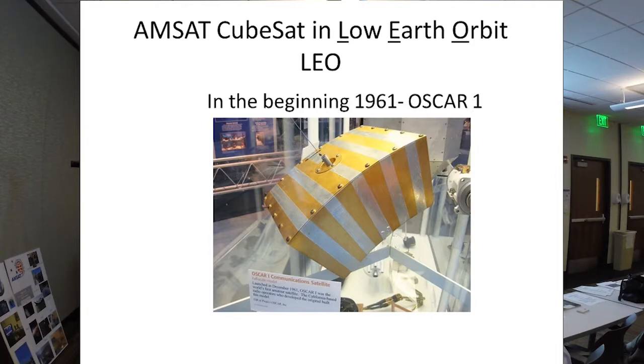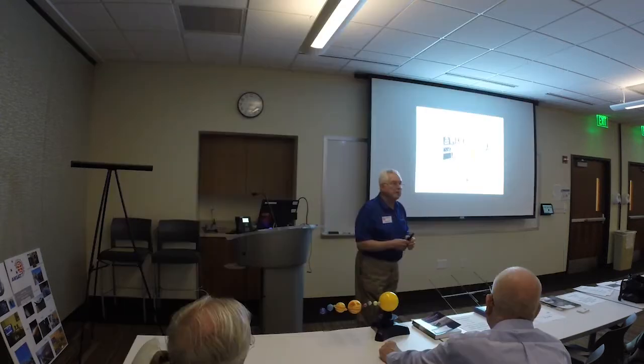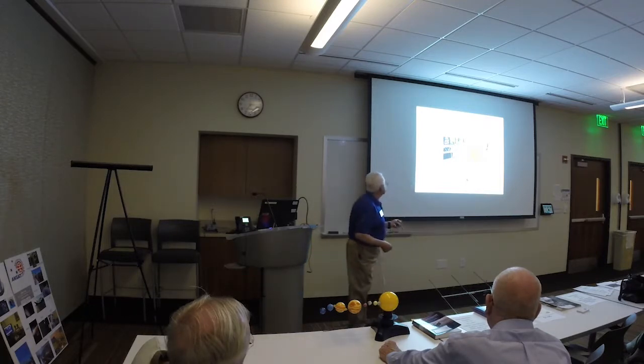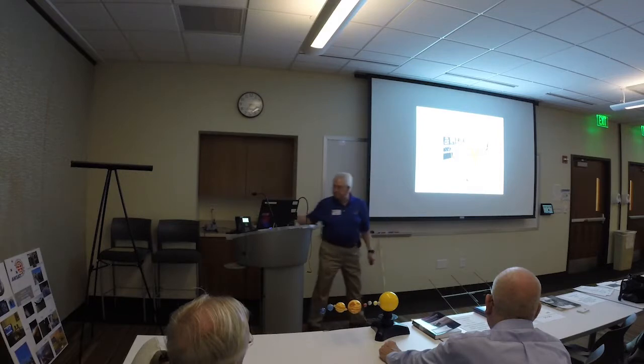Let's go ahead and put it into a small container and let's get a launch. In this case, it was launched as a ride from another rocket which was delivering a larger satellite. So it was put out into space and operated for approximately 10 years. Information's down here on that.